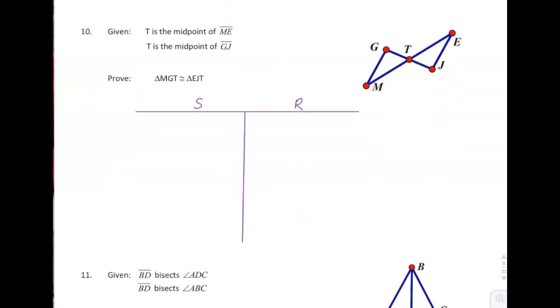And then I had to do 10 and 11. It's a little bit different. This turns it up a notch or two here. It says T is the midpoint of ME, and it says T is the midpoint of GJ.